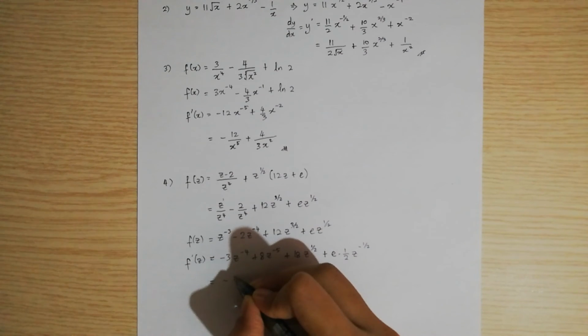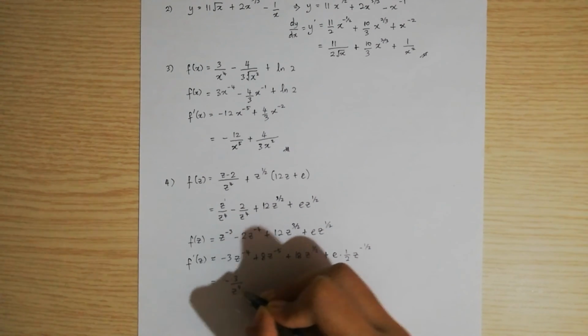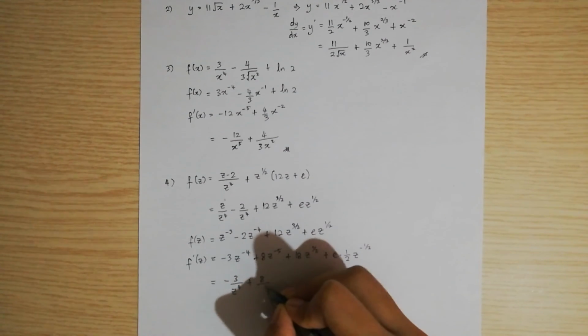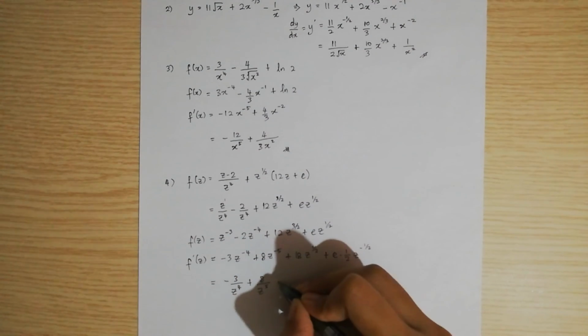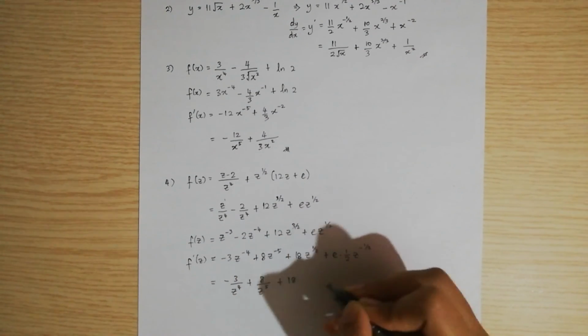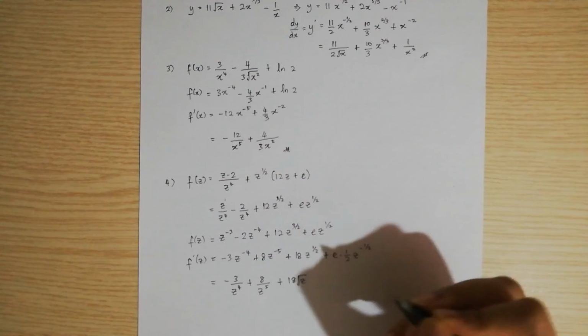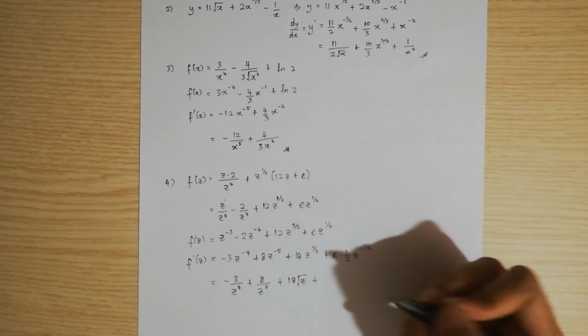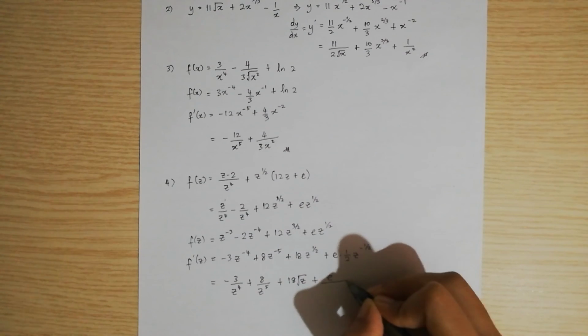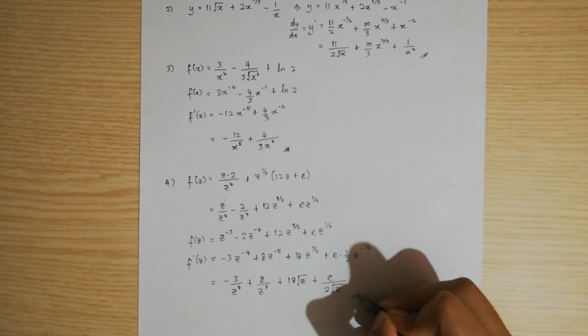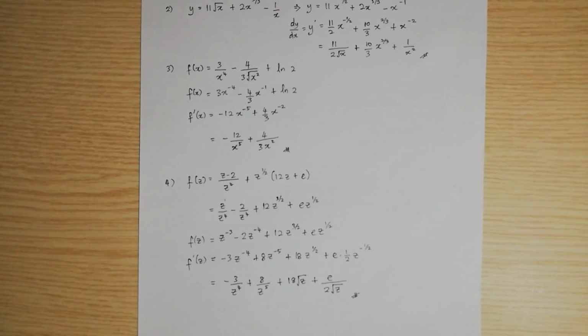So we have negative 3 over z^4 plus 8 over z^5 plus 18 (again, that one you can change to the radical form if you want, or you can just leave it like that) plus e over 2 square root of z. Okay, so that's the answer: negative 3 over z^4 plus 8 over z^5 plus 18 square root of z plus e over 2 square root of z.